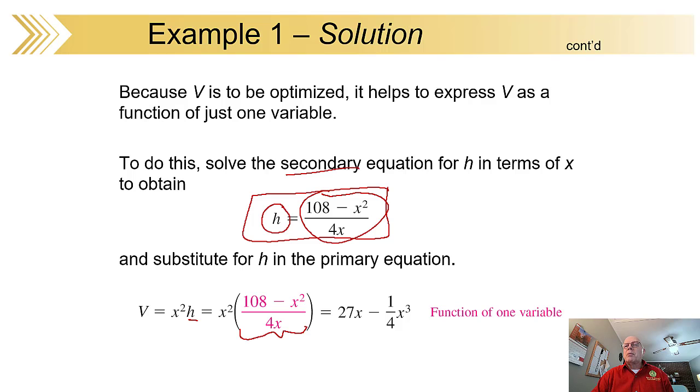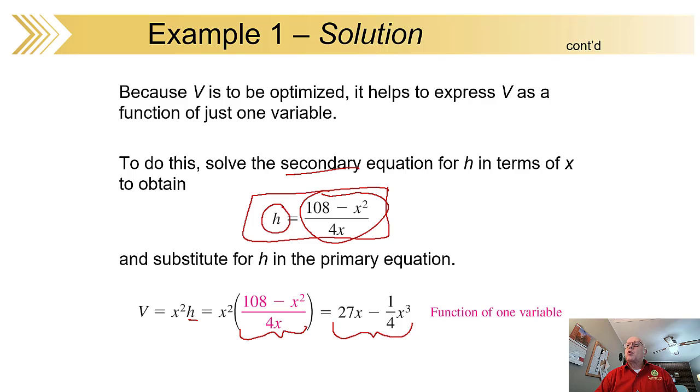Now it looks more complicated, but there's a trade-off there. The trade-off is that all we have is one variable. Everything's in terms of x. Simplify it. I would suggest you try simplifying that yourself, not only for practice, but for practice in remembering that you're going to simplify it, because notice, you know we're going to differentiate at some point.